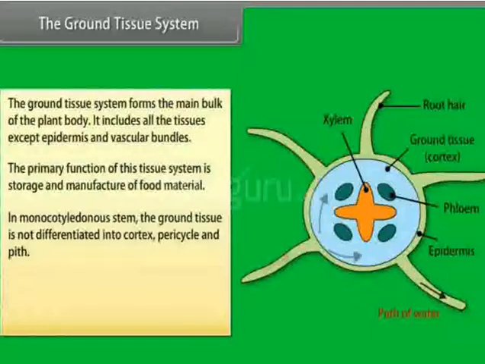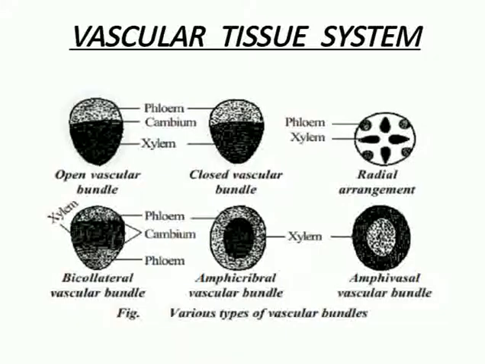The next is the vascular tissue system. You have to see this figure very closely. I will be depicting it like this. The vascular tissue system consists of the complex tissues, the phloem and the xylem. The xylem and phloem together constitute vascular bundles.